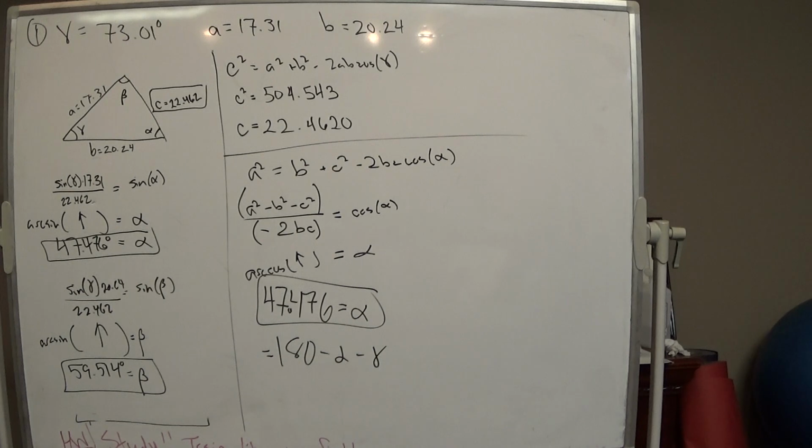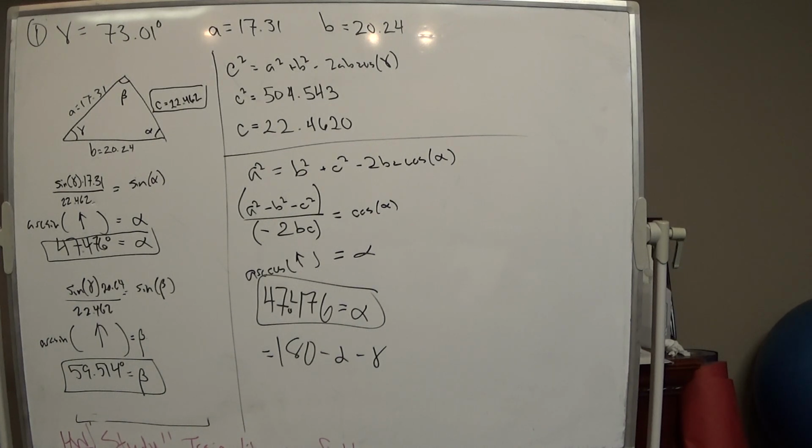So you go arc cos, parentheses for the top, 17.31 squared, minus 20.24 squared, minus the 22.46203 squared, end parentheses.